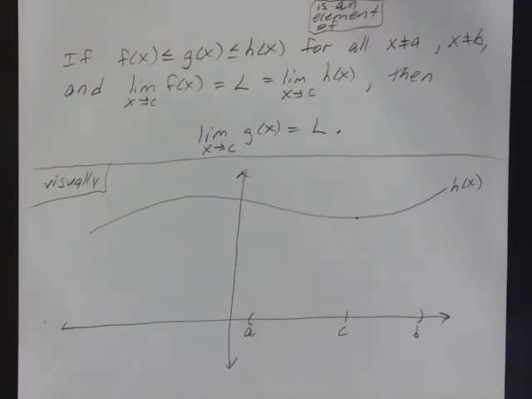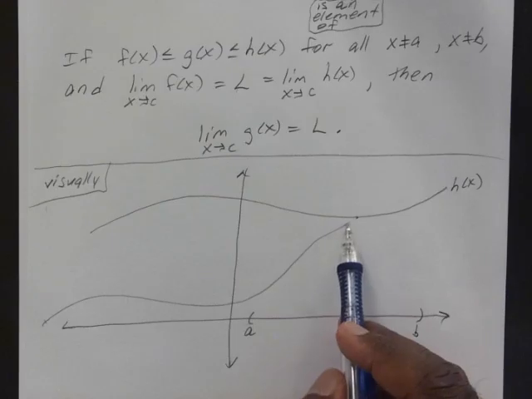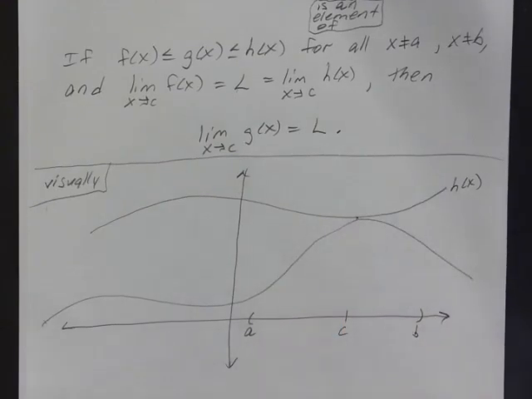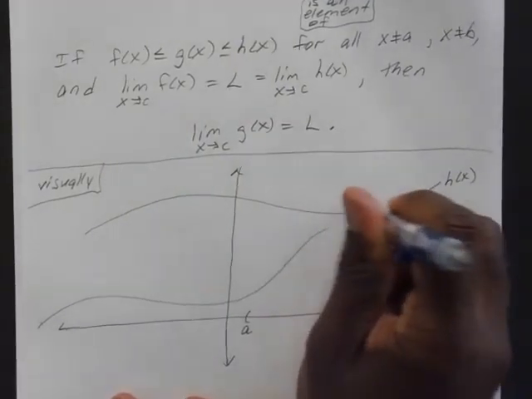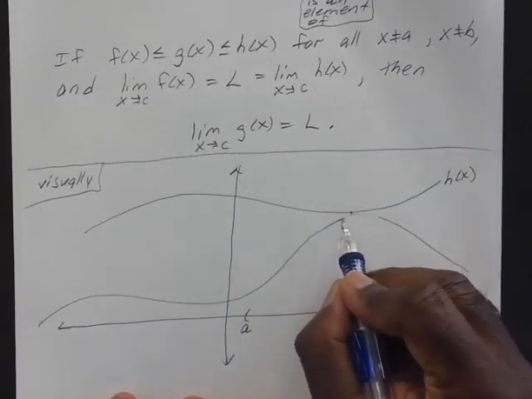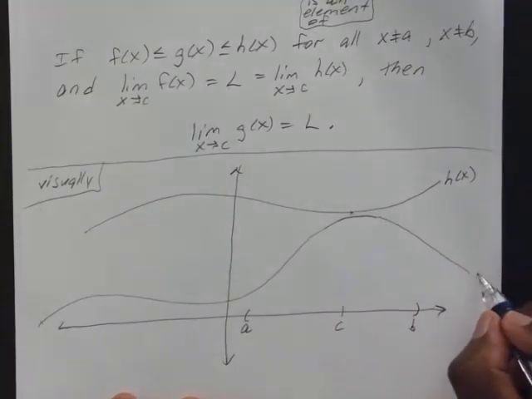So let's say you have another function, this function just kind of goes here and it gets really close to that one in that same spot. Let me give that a little more room. And there we go. And that's our function f of x.